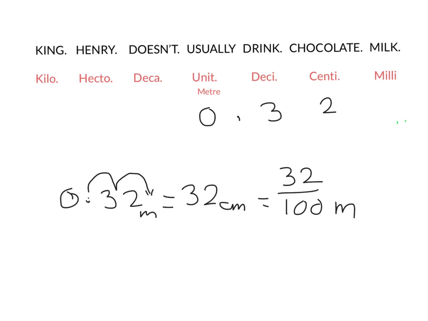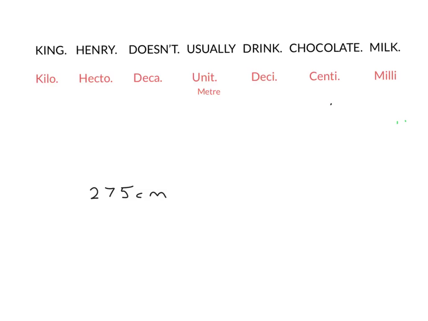The next question they ask is, what is 275 centimetres as metres? Okay, if you're going to use your number headings here, then you have to put 275 in the centimetres place. Right, so I'm going to do that now. I've got 275 centimetres, and they want to know how many metres that is.